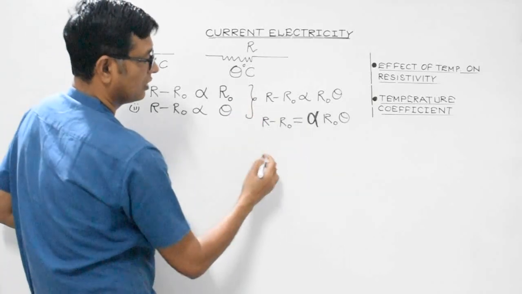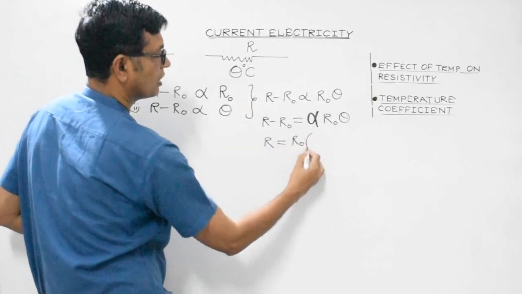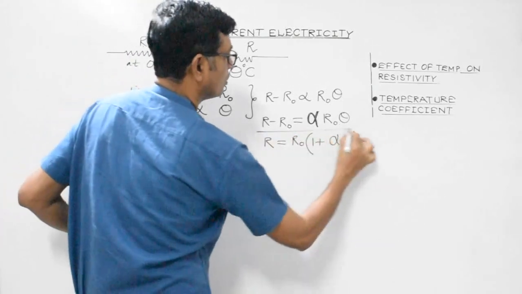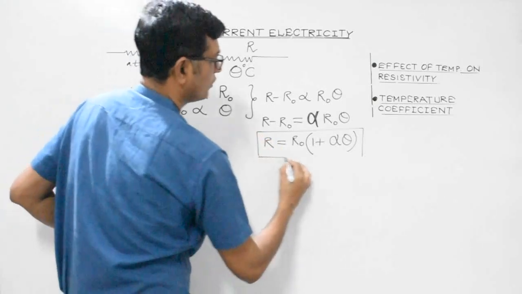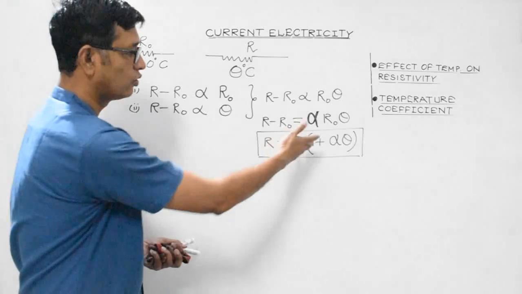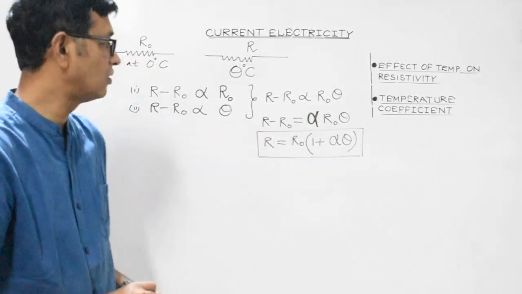After rearranging the terms, R is equal to R0 (1 plus alpha theta). So this is one of the formulas relating R, R0 and alpha with the temperature. This can be used in solving certain numericals based on resistance and its dependence on temperature, right?